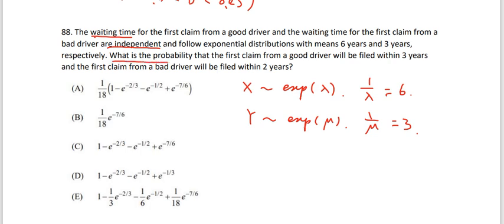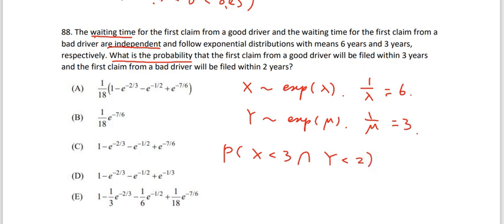What is the probability that the first claim from the good driver will be within 3, so X will be less than 3, and Y will be less than 2, right?